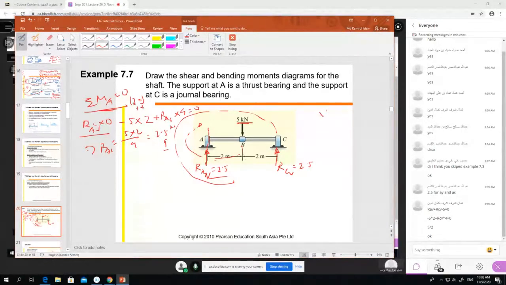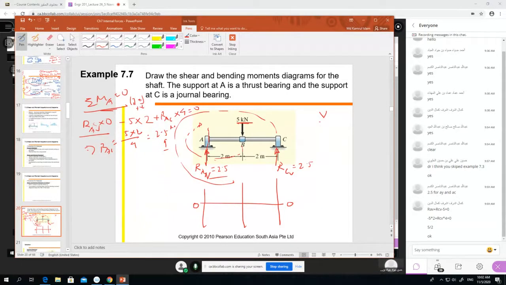Shear force we usually show by the sign V, right? So how to draw the shear force diagram? Draw a line like this, and this is A. We need to draw a reference line, zero.